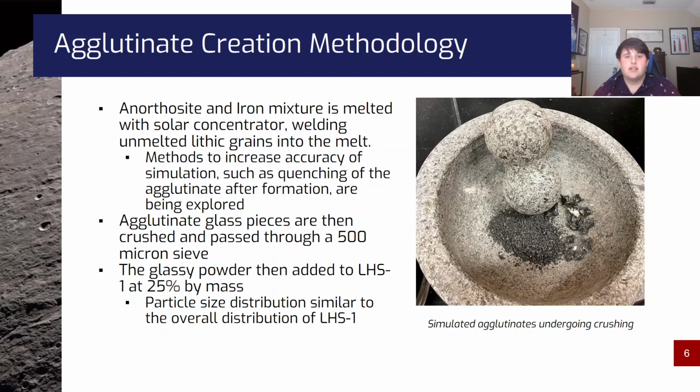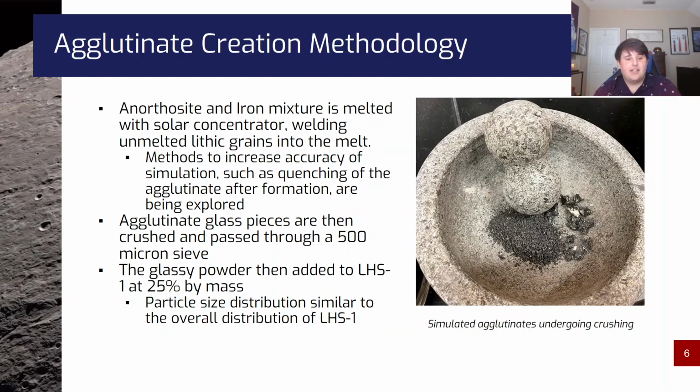This is important because on the moon, the agglutinates really rapidly cool in the vacuum of space. This is really hard to fully achieve in Earth's atmosphere, but quenching them hopes to get us closer to the accuracy of the actual agglutinates. These agglutinate pieces are then crushed and passed through a 500 micron sieve.